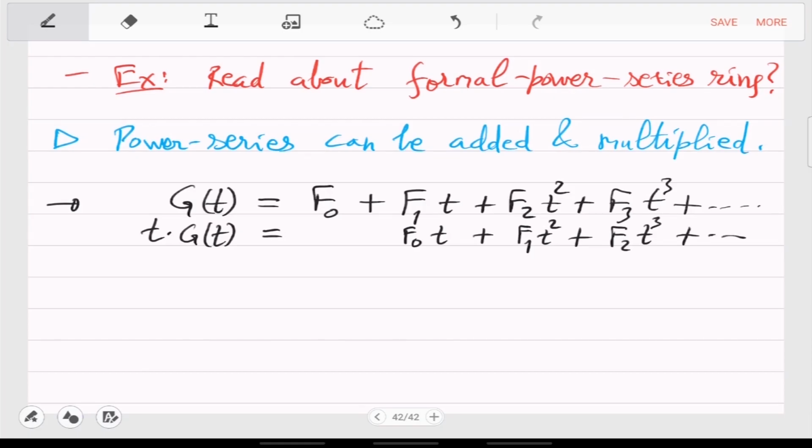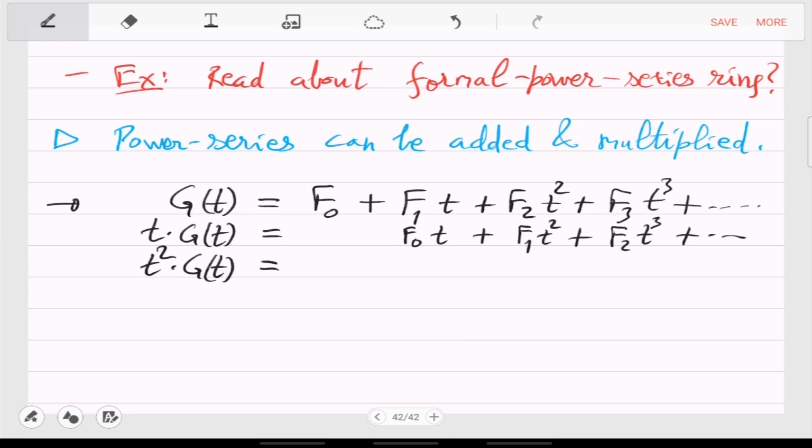Basically the coefficient of t, if you now look at, you have F1 and F0. Coefficient of t square, you have F2 and F1 and so on. And what's the third step? You also wanted Fn minus 2, so you should also multiply by t square.